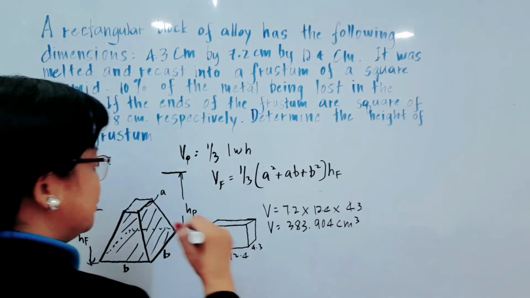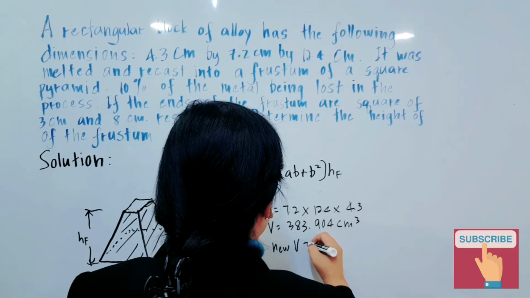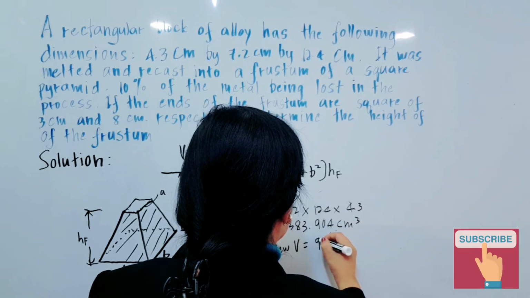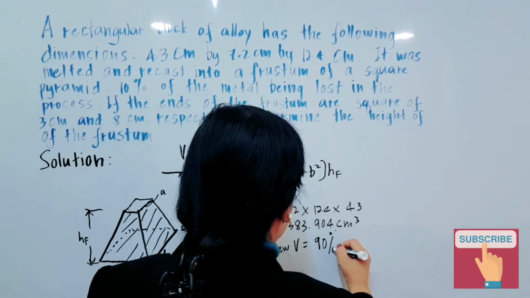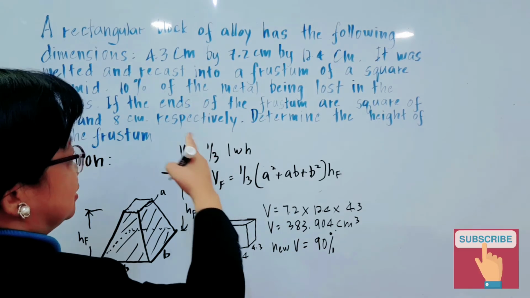The new volume will be equal to 90%, because 100% minus 10% which is lost.